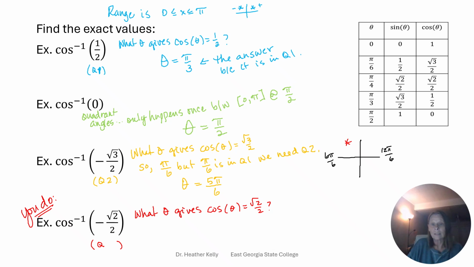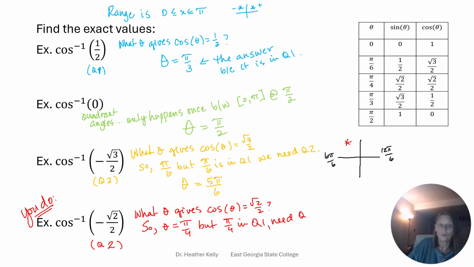Okay, because this has got a negative argument, we're looking for our solution in quadrant 2. We want to know what theta gives cosine theta equal to square root of 2 over 2. So that is theta is equal to pi over 4. But pi over 4 is in quadrant 1.